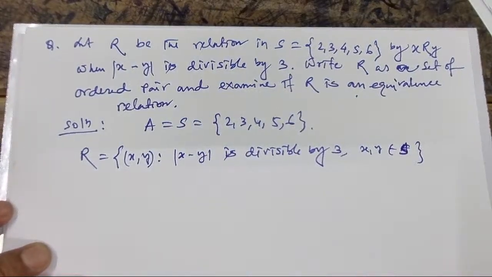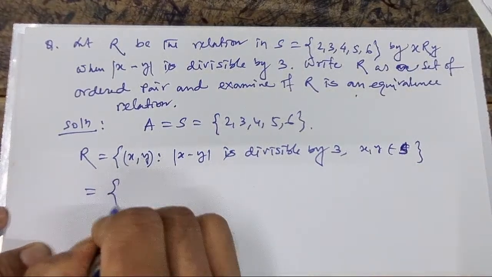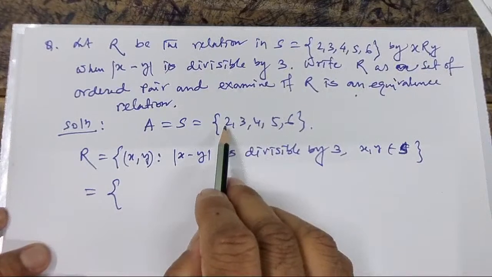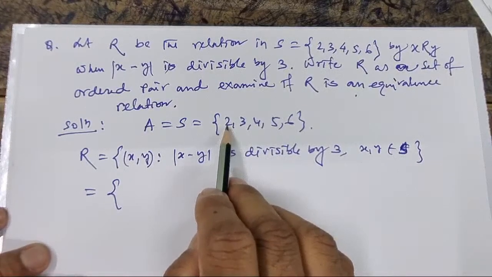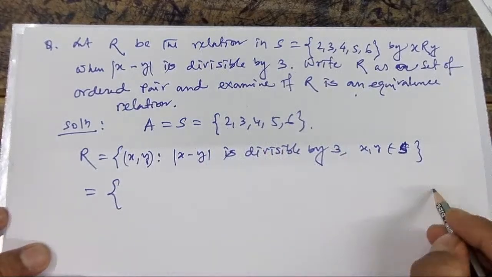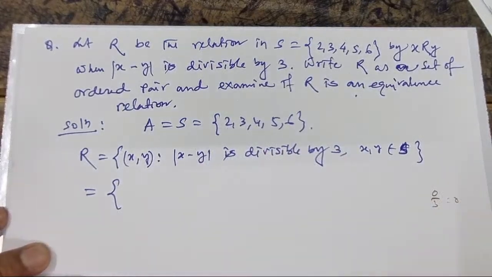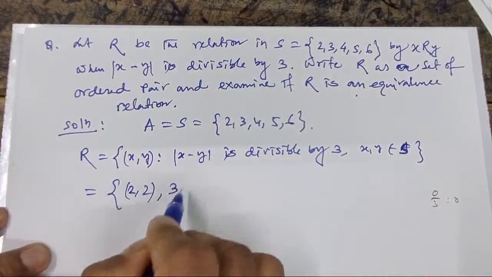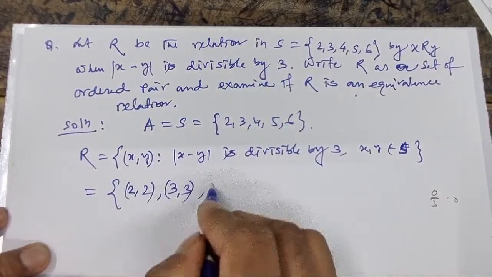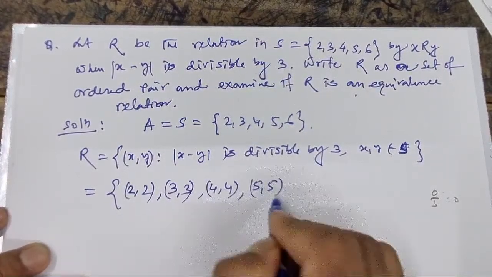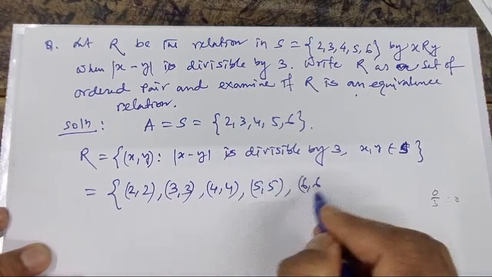Okay, now see what values we get. If I do 2 minus 2 equals 0, 0 divided by 3 equals 0. So you are getting (2,2), (3,3), (4,4), (5,5), (6,6).